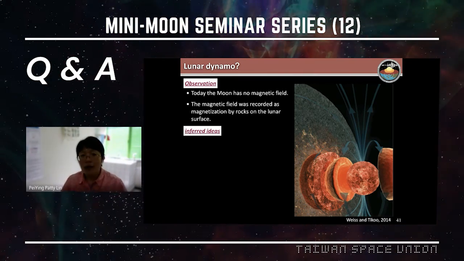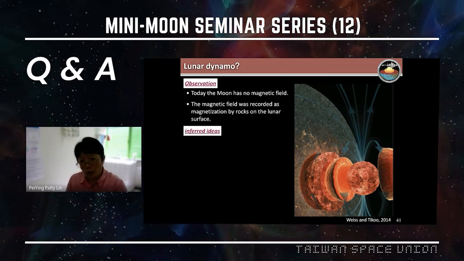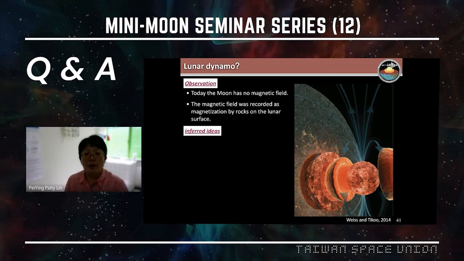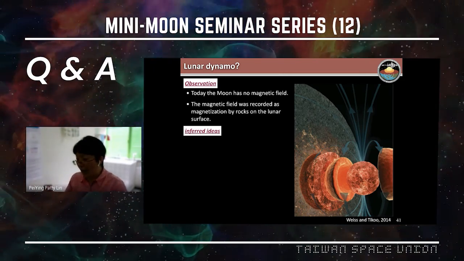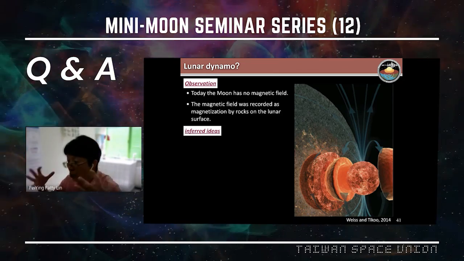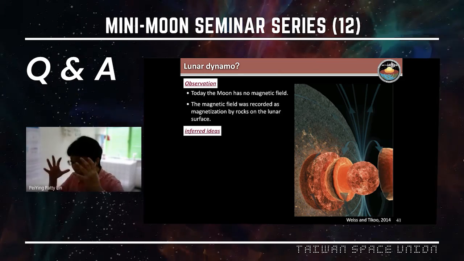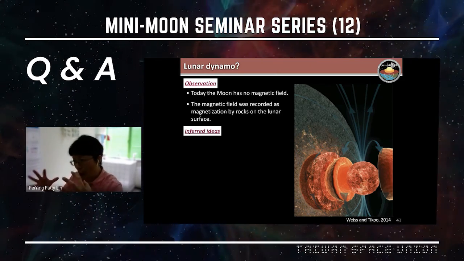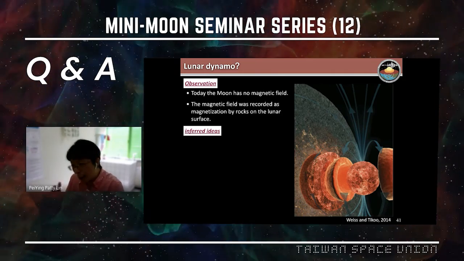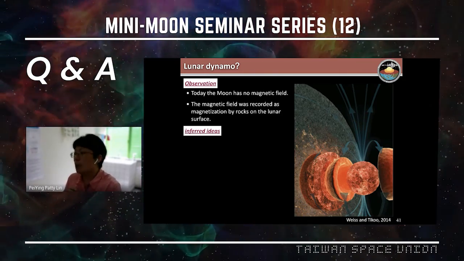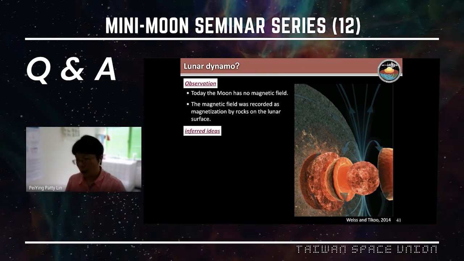And there's another idea. Like Mars and also the Moon, lots of researchers think the magnetization only happens when the planet is partially melted. The whole planetary body is in magma, and when the magma is cooling, it is active and can generate some magnetization, which can be recorded in the crust.